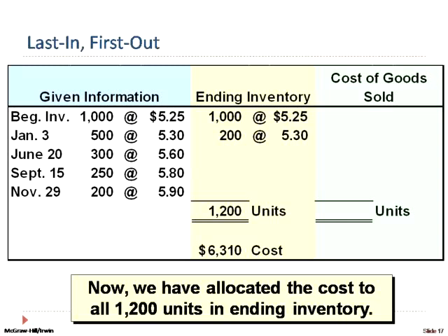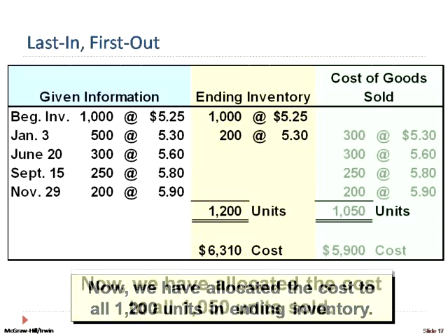Now we can start working on the cost of goods sold. Recall that we sold 1,050 units. Remember that when we use the last-in, first-out method, the cost of the last items in, the most recent items, is allocated to cost of goods sold. Let's look at the cost of goods sold layers on the next slide.